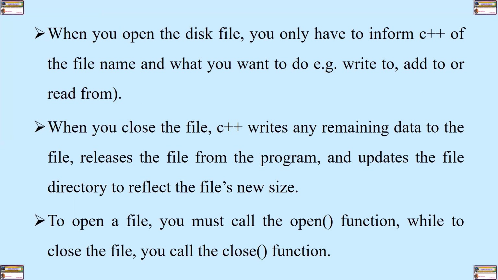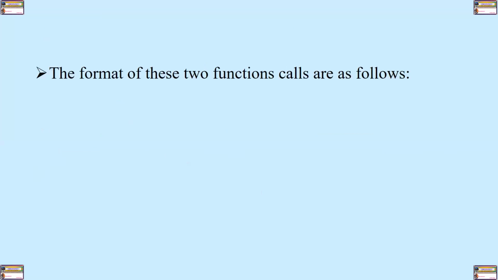To open a file, you must call the open function, and to close the file, you call the close function, as we are going to see in this presentation. The format of these two function calls is as follows.